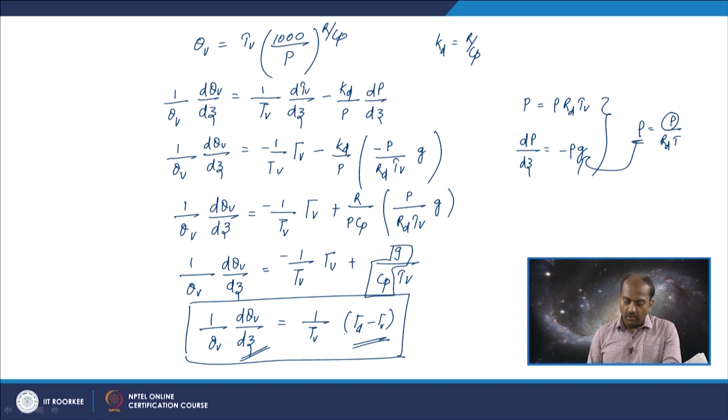The conditions from gamma d minus gamma v being greater than 0, equal to 0, or less than 0 are transferred to this derivative. When d theta v by dz is greater than 0, the layer is stable.